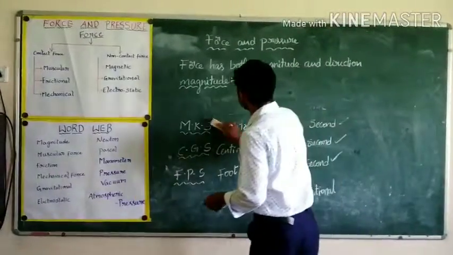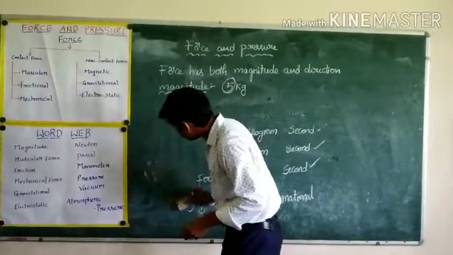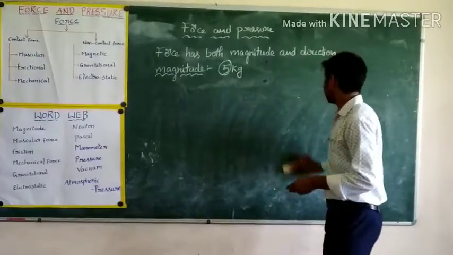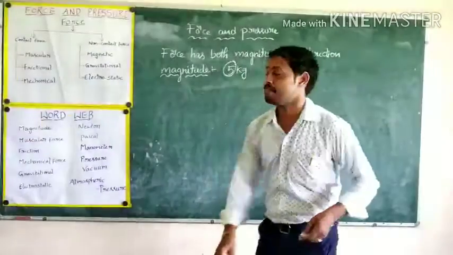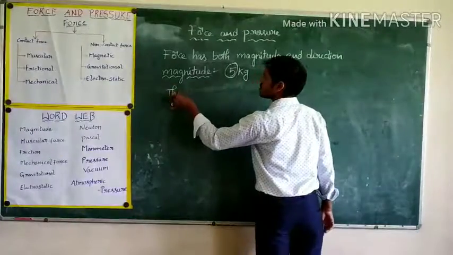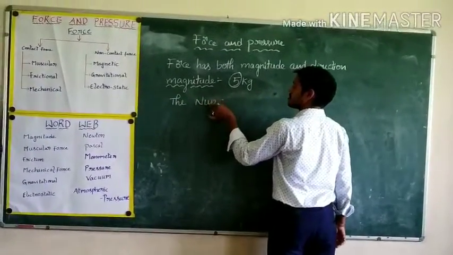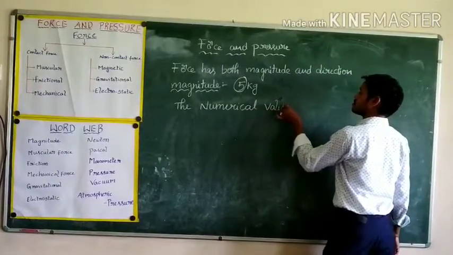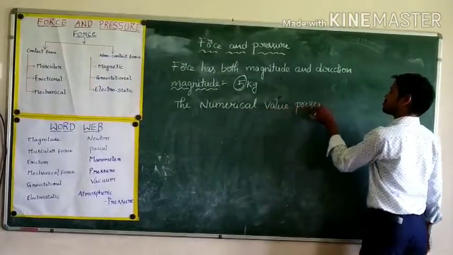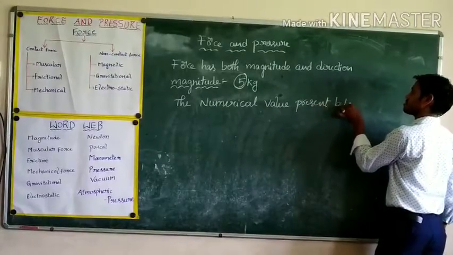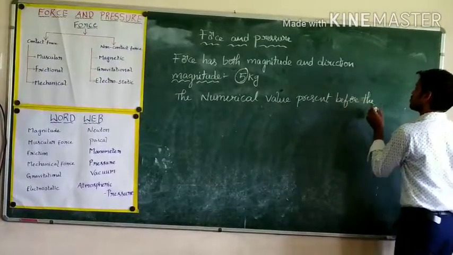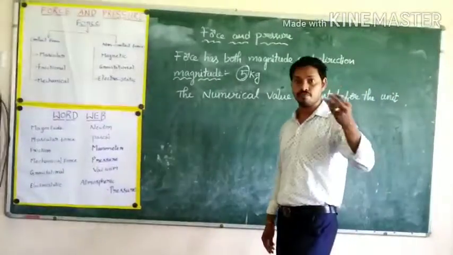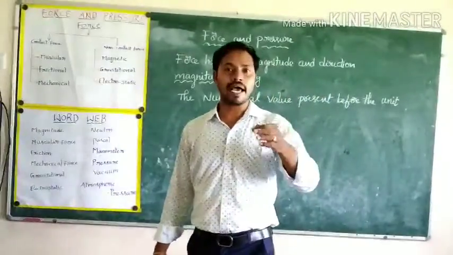The numerical value which is present before the unit, that is called magnitude.